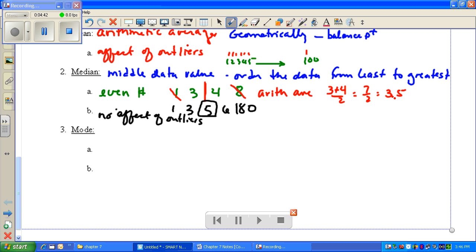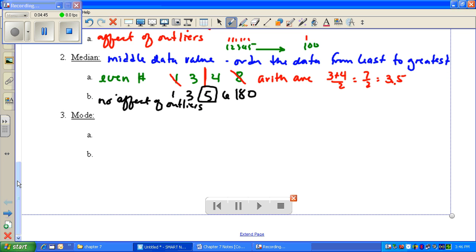And lastly, the mode. The mode is kind of your typical value, and I don't really like that they use value. Mode is used for qualitative data. It's a quality. It's a word. It's a category. It's not so much a number.